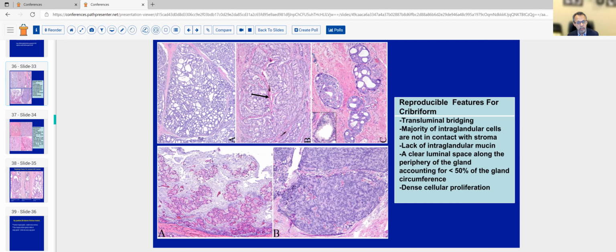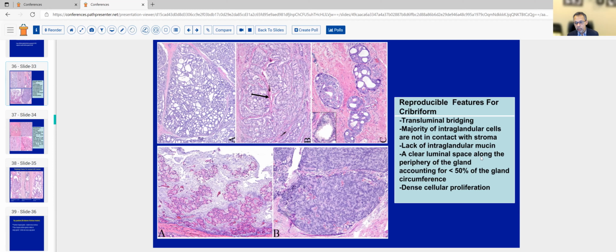As you see here, in this gland, the majority of cells are not in contact with the stroma. Another feature is lack of intraglandular mucin. That's very, very important. You can have cribriform glands floating within pools of mucin, but there is no intraglandular mucin, and I will talk more about that in subsequent slides.